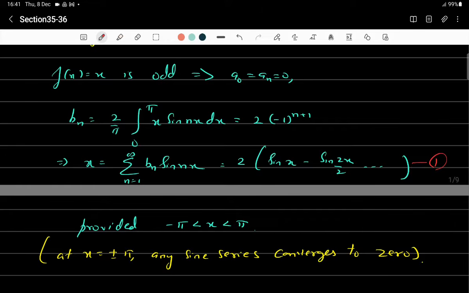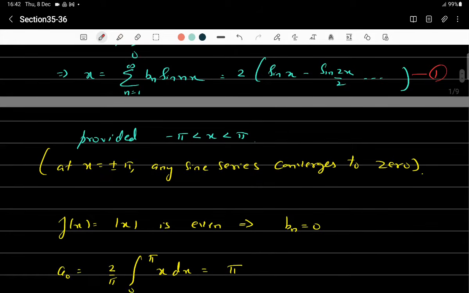If the value of the function is 0 at these points, then it's okay. Otherwise, to be on the safe side, we always consider the open interval minus pi to pi. And at 0, we may need to redefine it. In this case, we don't have to define, because the left hand side would be 0 and the right hand side would be 0 at x is equal to 0.